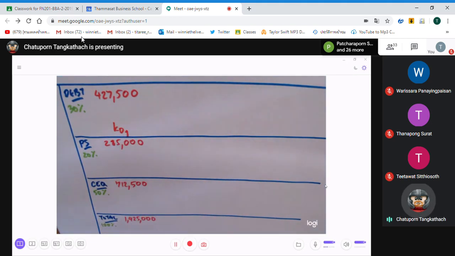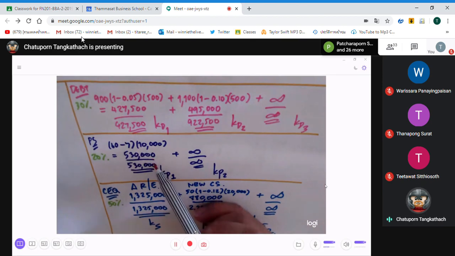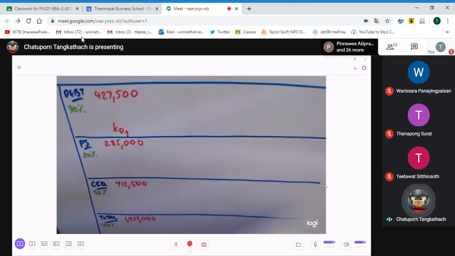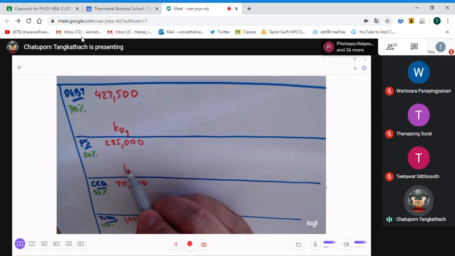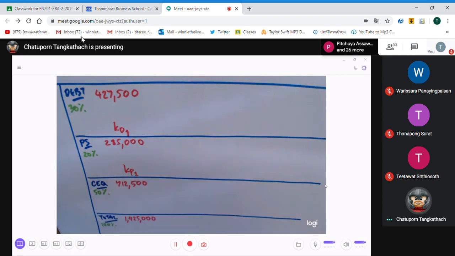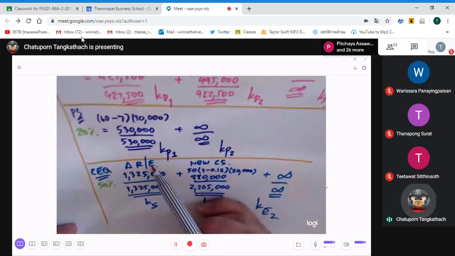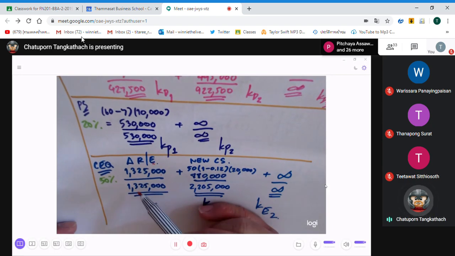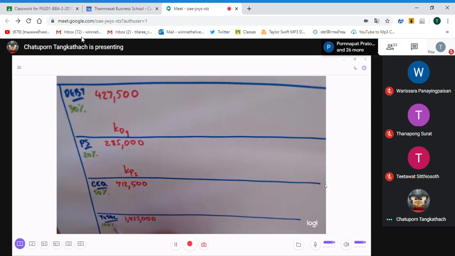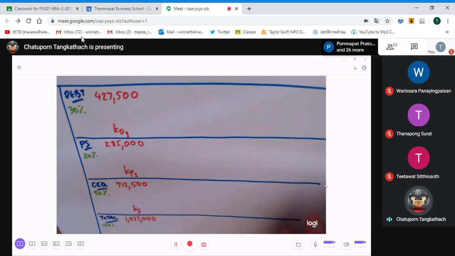For preferred share, we know the data: we can issue preferred share up to 530,000. Somehow, we just issue part of it, 285,000. So the cost must be KP1. And last one, for retained earnings, the cost equals KS. We can use retained earnings up to 1.3 million something. So this one is still KS.